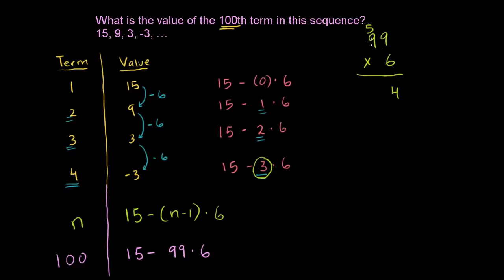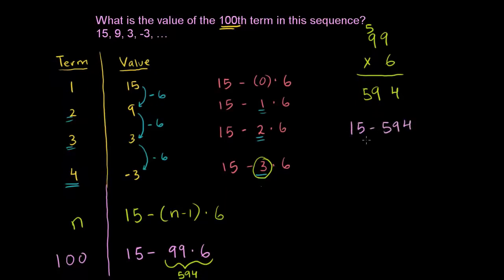Carry the 5. 6 times 9 is 54, plus 5 is 594.